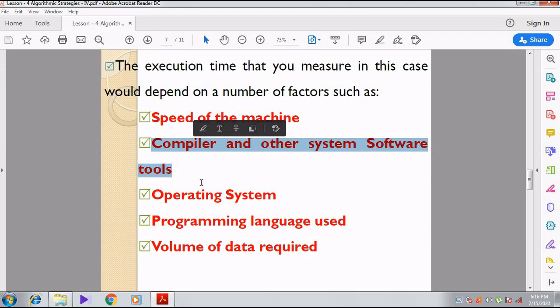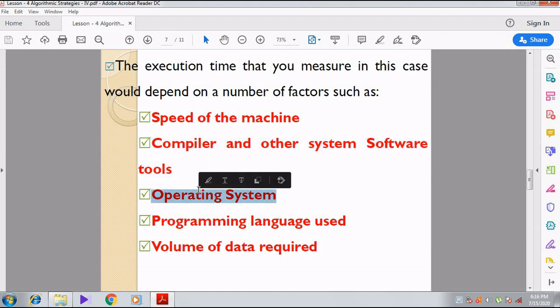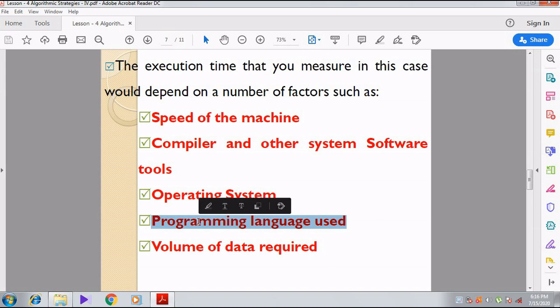Next, operating system. What type of operating system are you using? If you are using Windows 98, is it possible to run the program in a faster manner? No, because Windows 98 and those operating systems are older versions. Now most of them are using only Windows 10 and Windows 8 point something, right? And then what type of programming language are we using? Whether C, C++, Python or Java, the time efficiency will also depend on that.